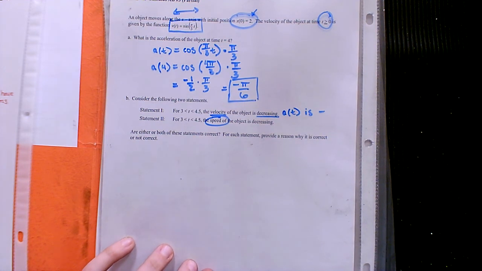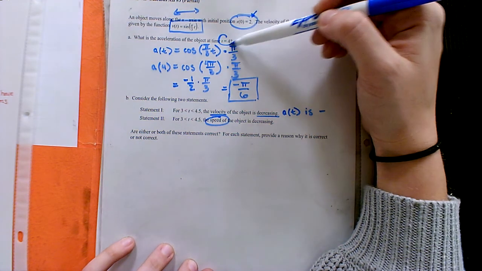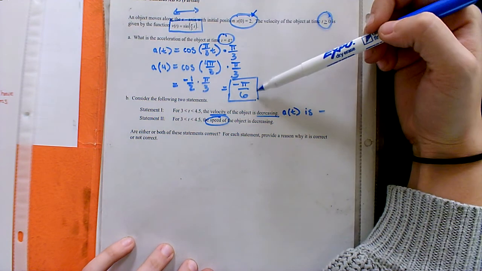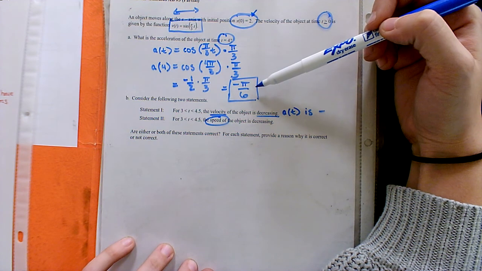What do you think? If you were to pick any number you wanted between 3 and 4.5 and plug it into acceleration, would we get a negative value? Do we already know acceleration at a number between 3 and 4.5? Yeah, right? Didn't we do that here at 4? Yes, we do. Right? And isn't acceleration negative? Yeah.